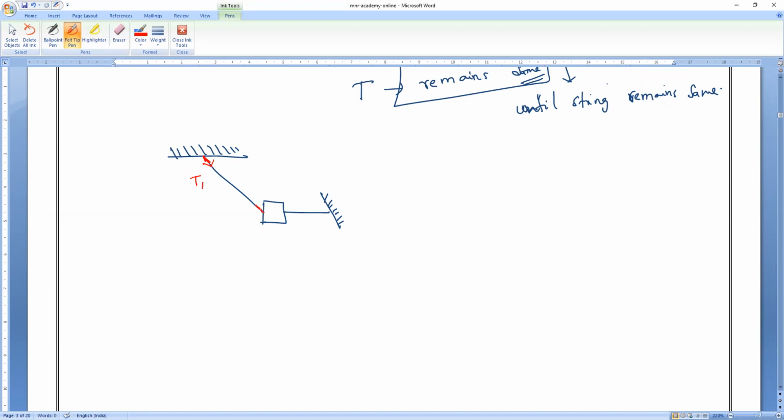Here also it is moving away from that. Is that the same string or a different string? Same string. Then here also T1. Now here, this will move away from that, but a different string, so T2. Now here, this is also a different surface, so this is also T2. You have to find the tension direction in this way. Always it will move away from the point.